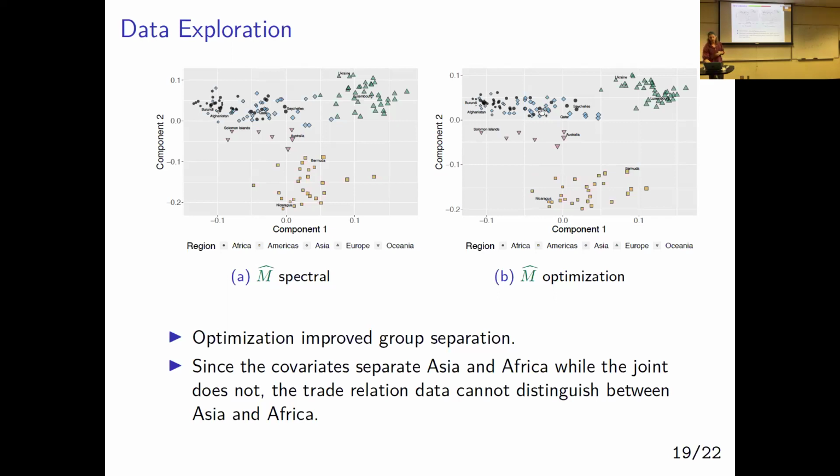So you can introduce some logic into it: since the joint is what both can distinguish, and you know that the covariates could, but it's not happening in the joint, that means your other original data set, the network, could not distinguish between those two points. And on the other side, the joint is distinguishing between this point and any point in here. So we know that in both original data sets, they could be distinguished.